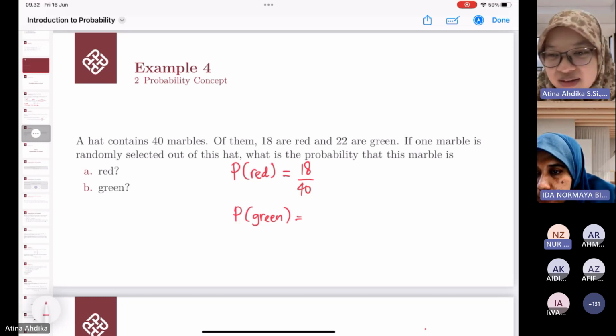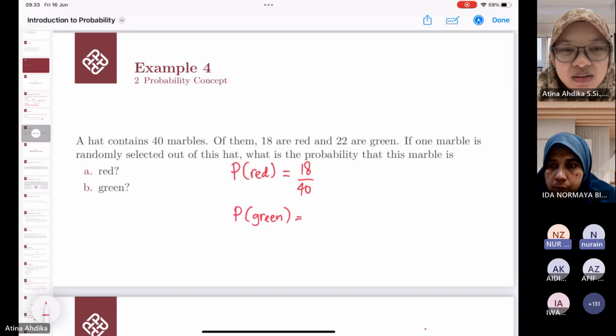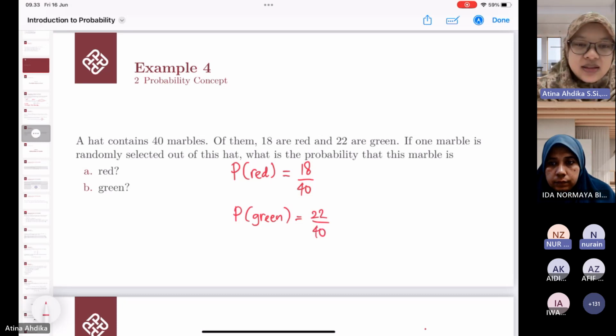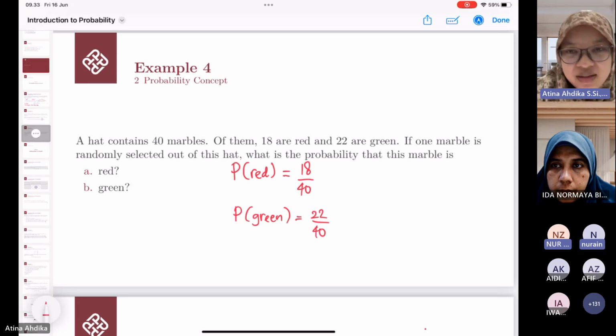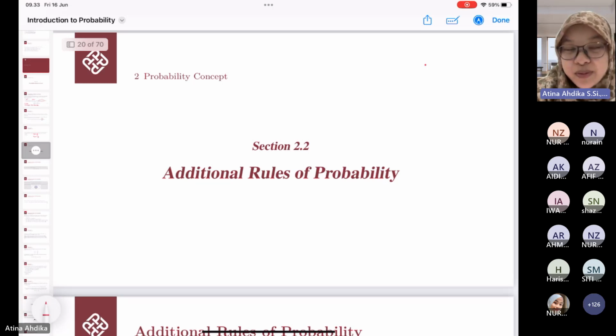Or anyone, just answer my question. It is quite easy, I think. 22 over 40. Okay, thank you. So that is how we calculate the basic probability.